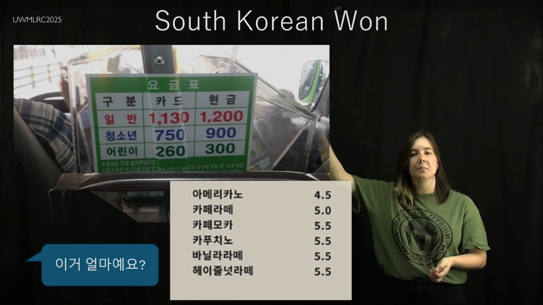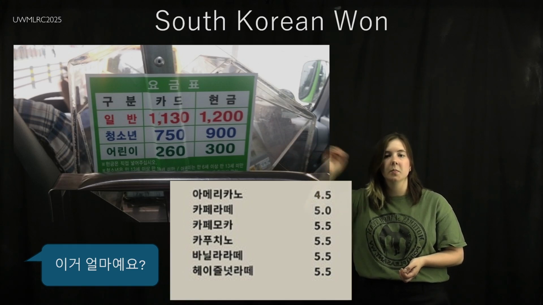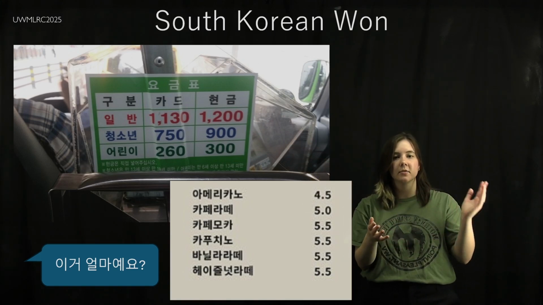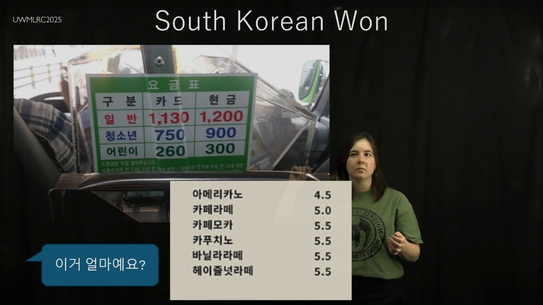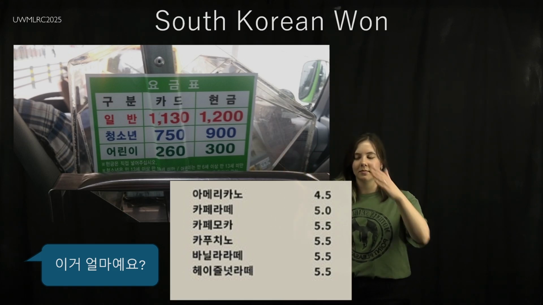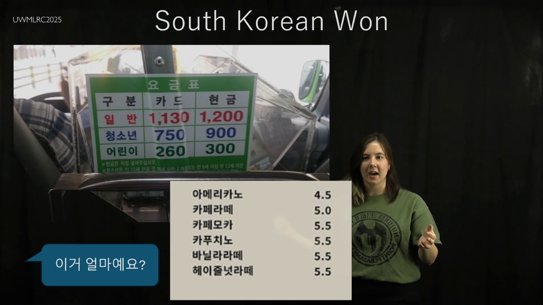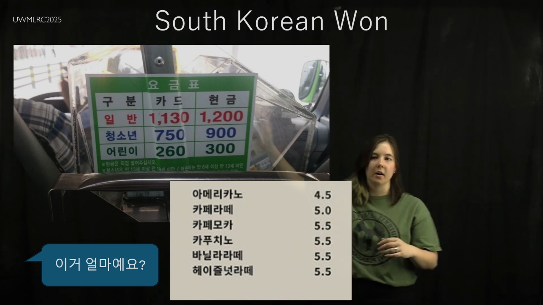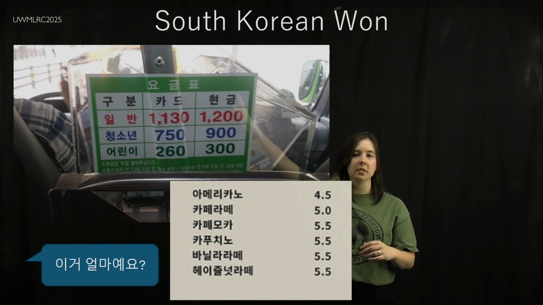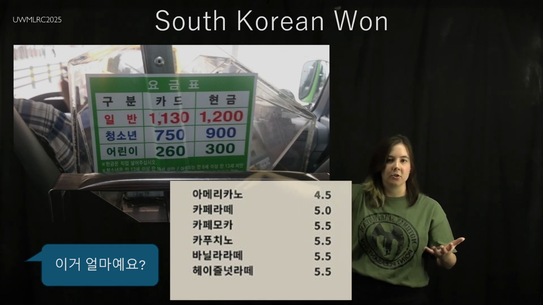This is bus fares on a bus. 요금, fee, 표 is ticket. So ticket, fee, ticket price. It's divided into various types depending on who is riding and if you're paying with card, 카드, versus 현금, cash. 일반, regular passengers.